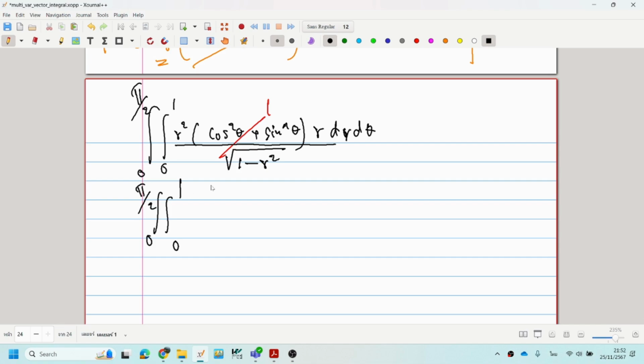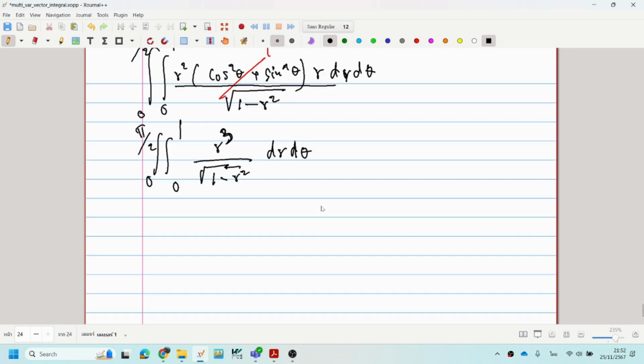It looks easier than the Cartesian coordinate version, right? r squared minus r squared and r become 2/3 r cubed dr d theta. Use the substitution technique.